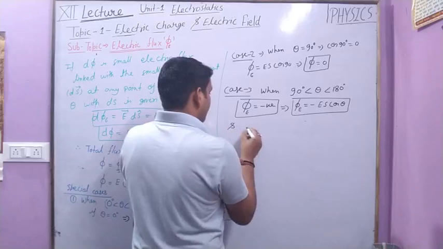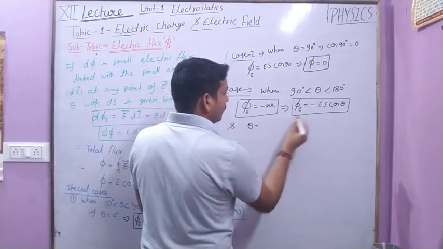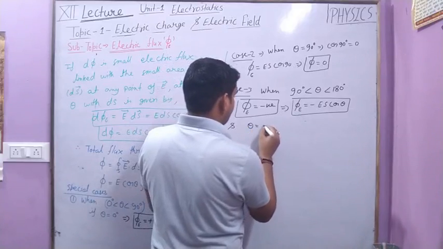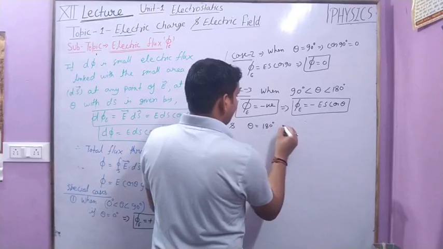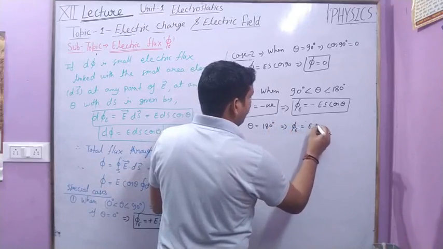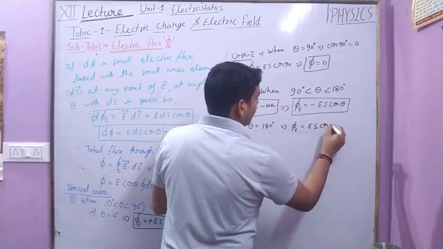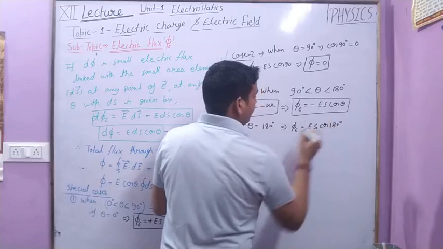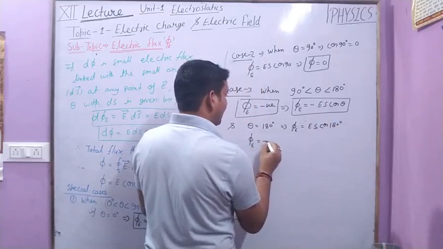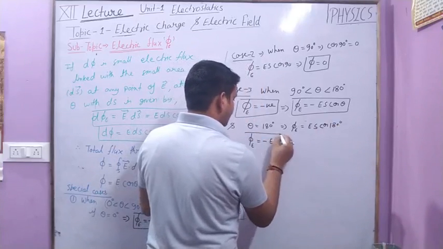And for theta equal to 180 degrees, phi is E S cos 180 degrees, which gives phi equal to negative E S.